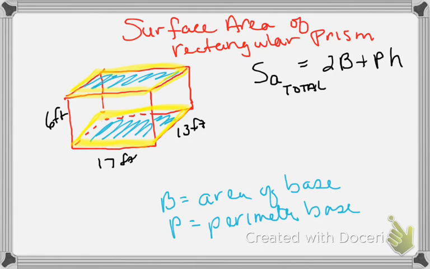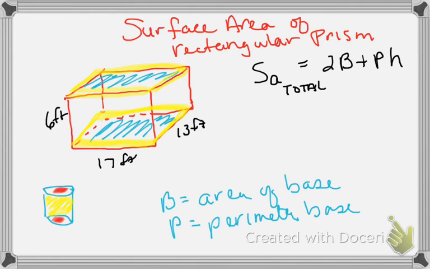Total and lateral. Lateral actually means the sides. So if I had a cylinder again, my lateral would be the sides all the way around. Total includes what I have in yellow and what I paint in red here.